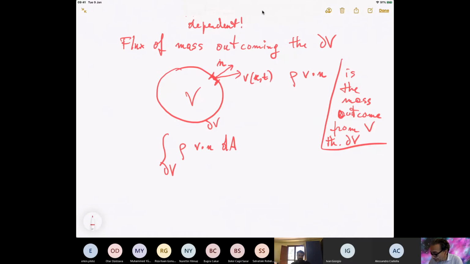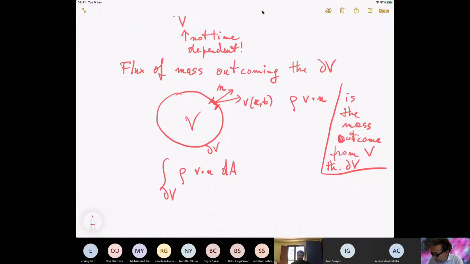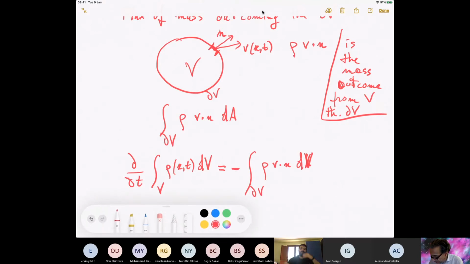Okay, so the variation of the total mass is equal to minus the outcoming flow of mass, the area, the volume, so this is the area.